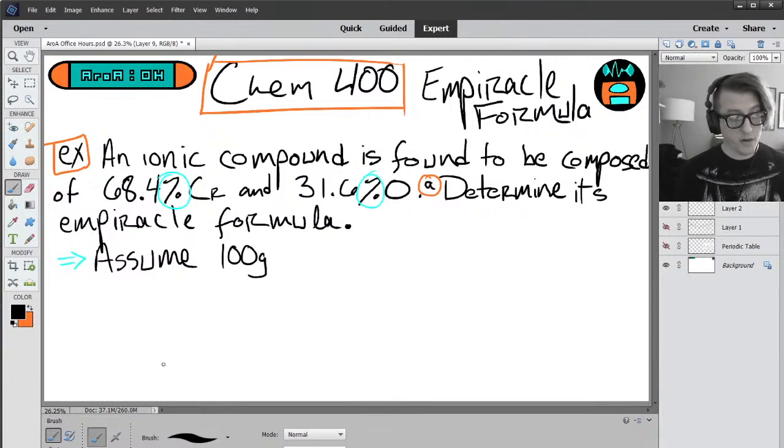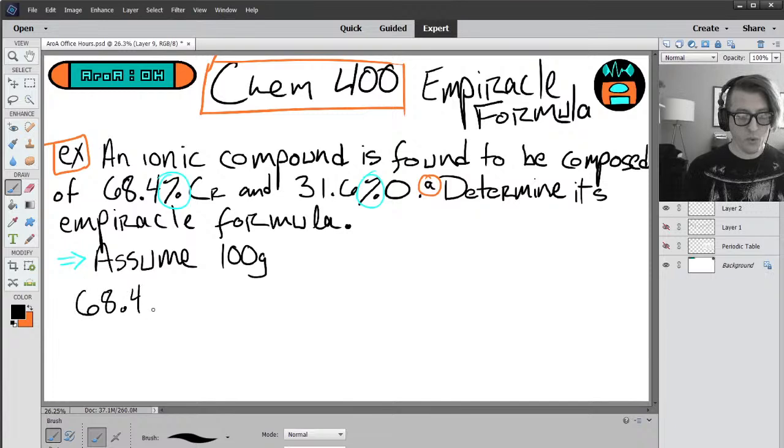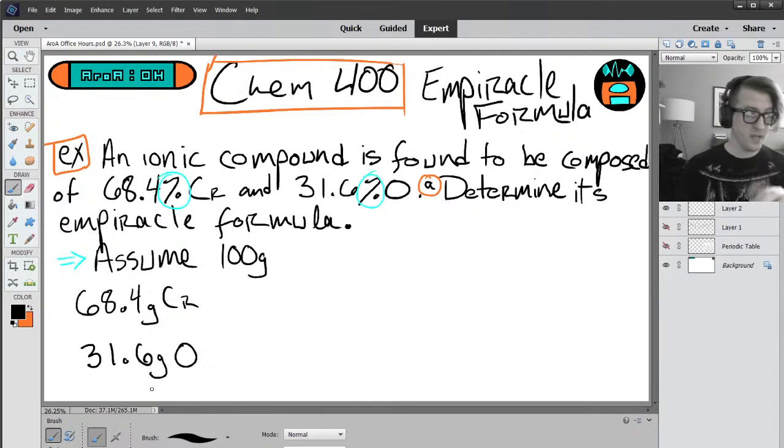Because if you have 100 grams, that means you will have 68.4 grams of chromium, and you will have 31.6 grams of oxygen, if your total mass is 100 grams.